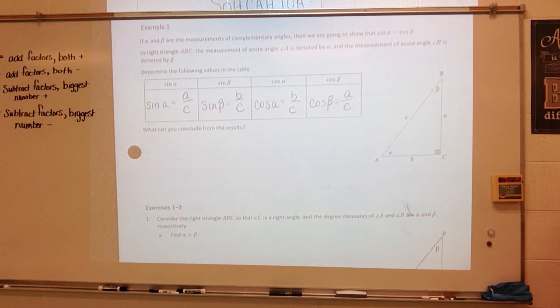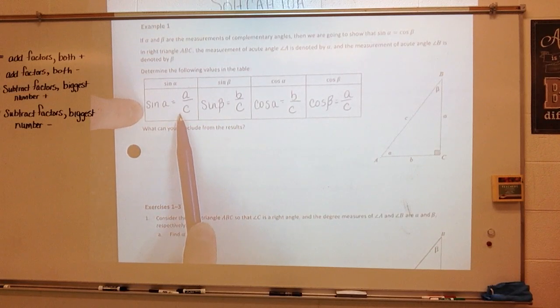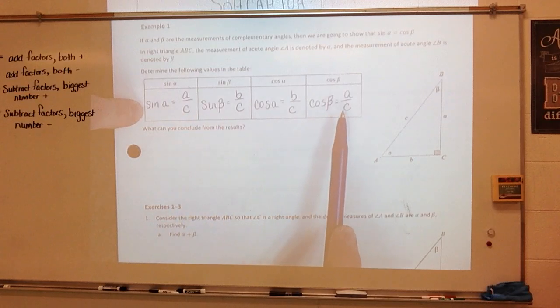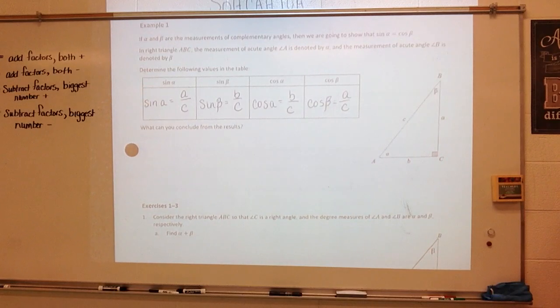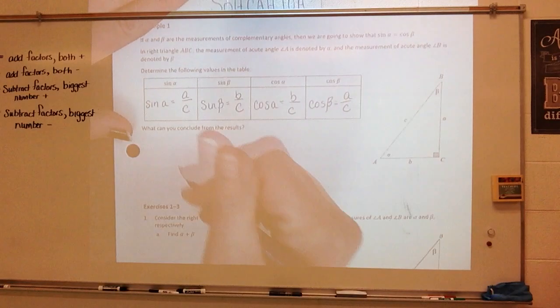Well, look at this. Since the sine of A is the same as the cosine of B, then I can conclude that they're equal.